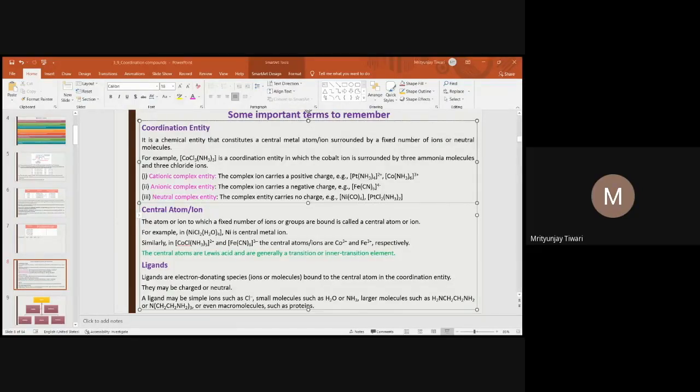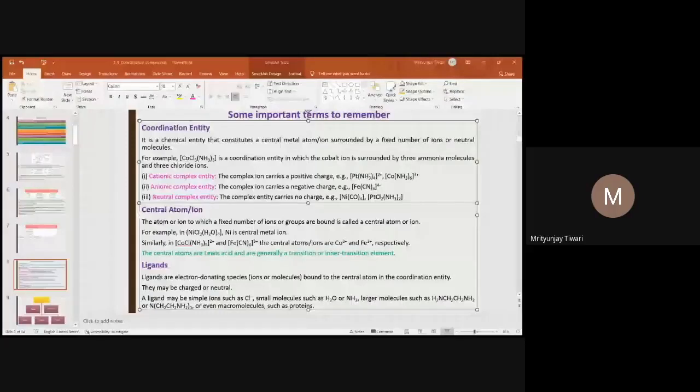Amino acids like aspartate and glutamate, which are part of protein molecules, can behave as ligands, so the entire protein molecule can also behave as a ligand, a very large molecule. So ligands can be very small one-atom ions, small neutral molecules, big molecules, or macromolecules, that means very large molecules.